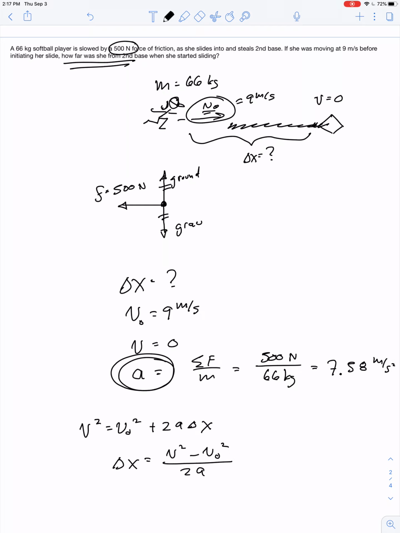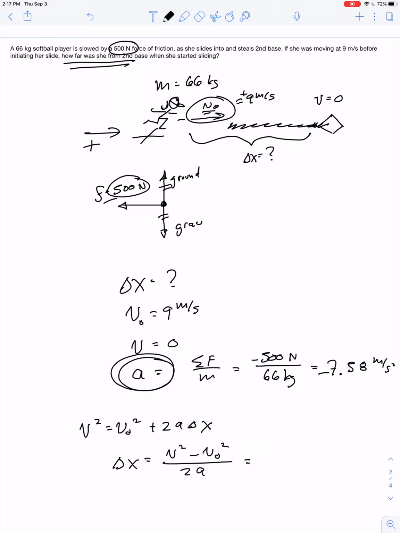Although I believe that's negative, right? We're going to make a frame of reference where positive motion is to the right. So the initial velocity is positive 9 meters per second, but this force is actually a force of negative 500 newtons. And so we have an acceleration of negative 7.58.